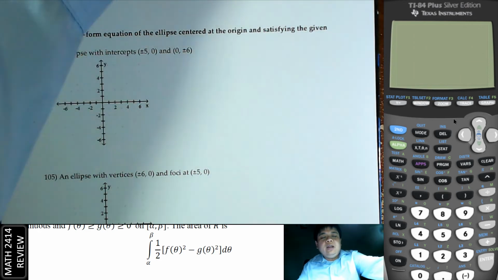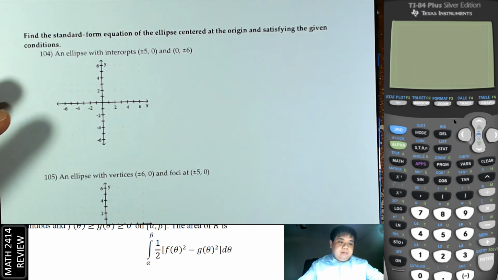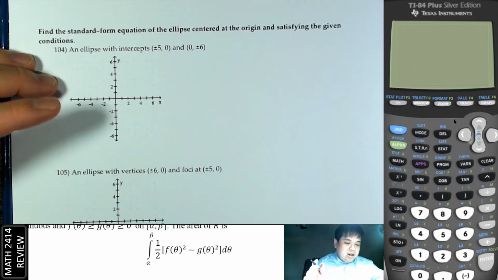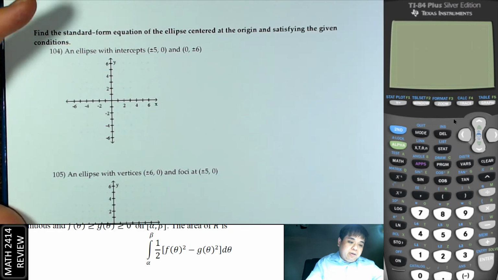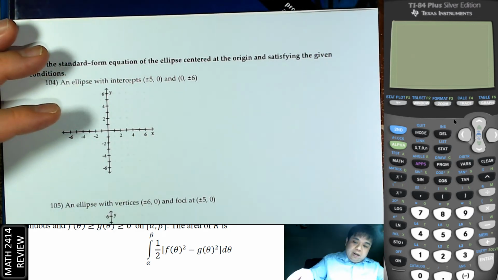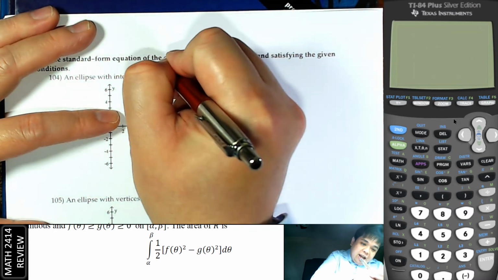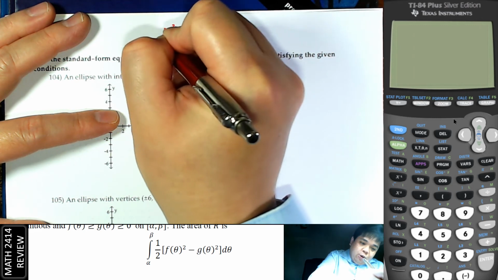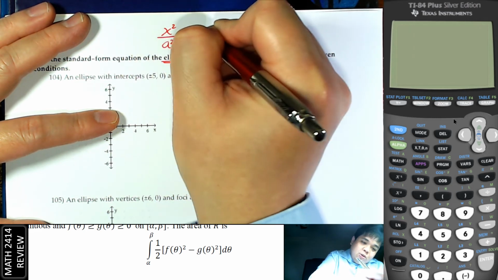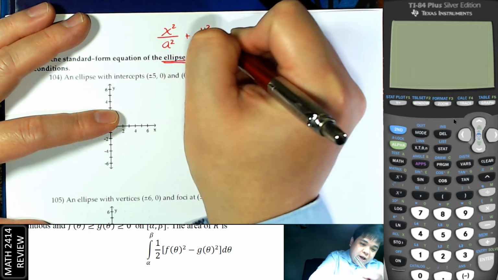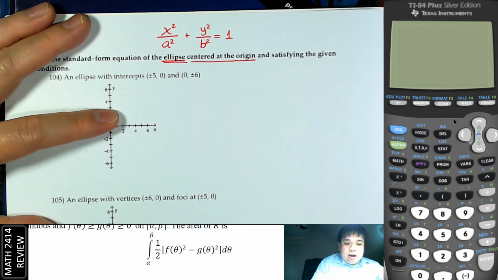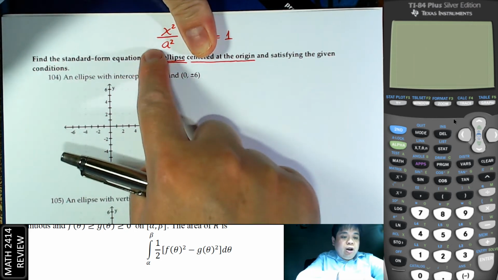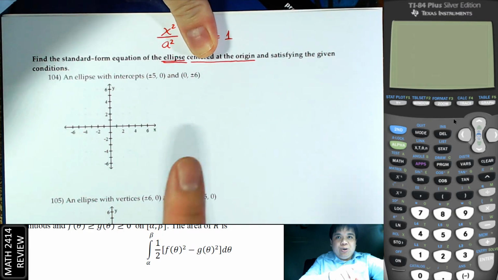So in general, the ellipse, whether it's horizontal or vertical, the form for an ellipse centered at the origin is x squared over something squared plus y squared over something squared.